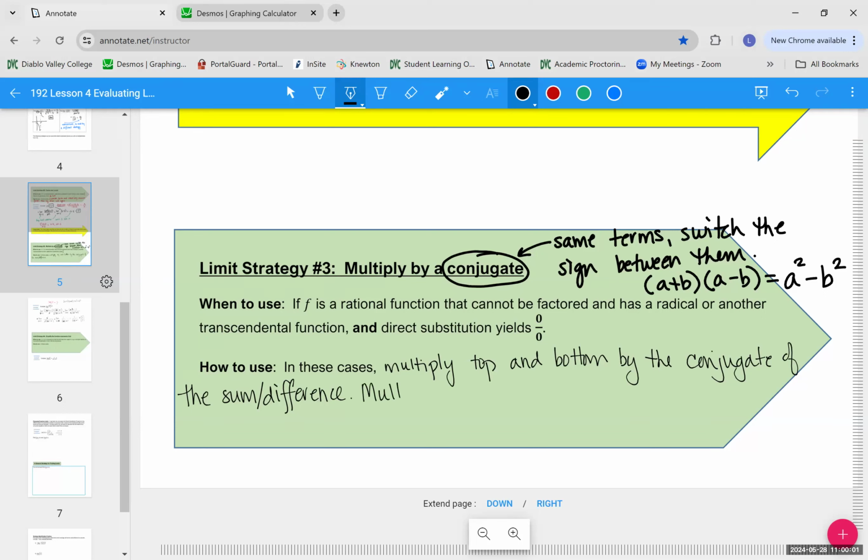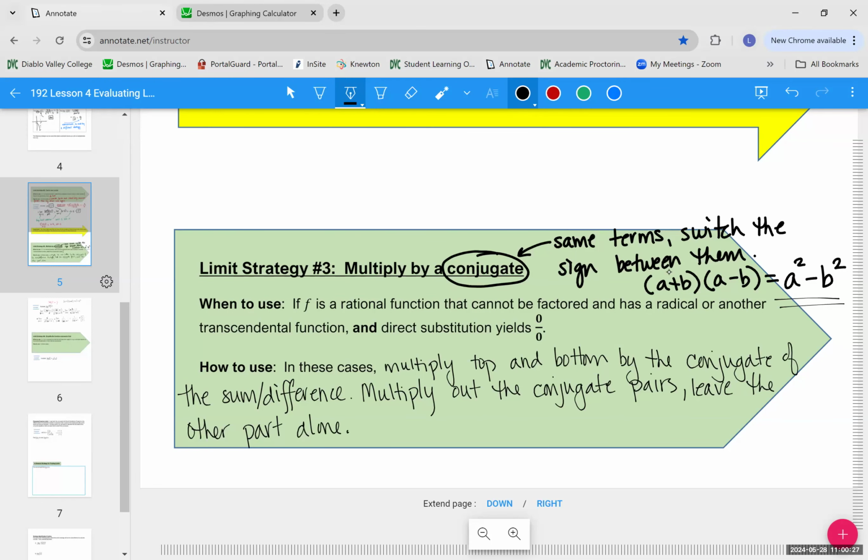We multiplied out the conjugate pairs. In fact, we did that using this formula up here, which made it simpler. But leave the other part alone. You don't want to multiply it out. It's going to be better if you don't.